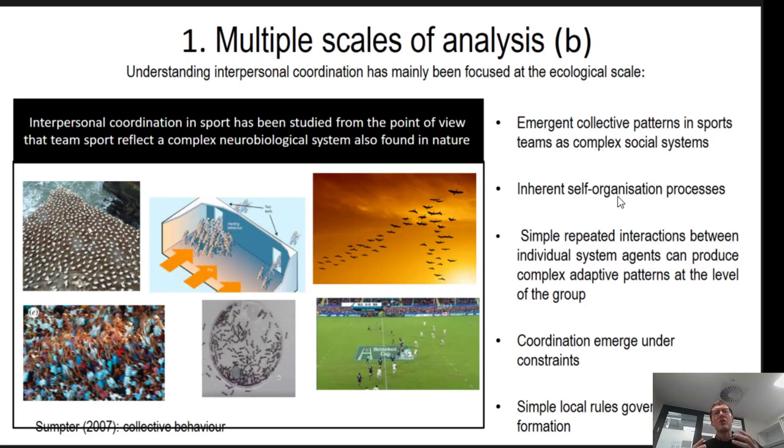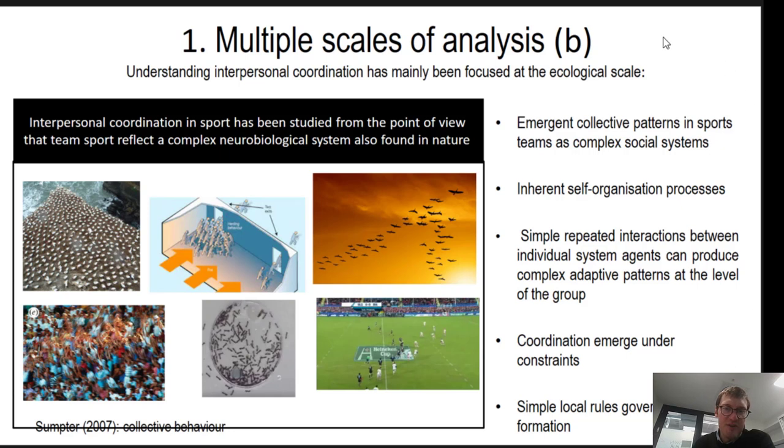So we have more complex behavior occurring that's not predicted by any single component, and relies on all of those components coming together and interacting. These interactions are relatively simple, repeated, and produced at a local scale, but when done en masse, they produce complex adaptive patterns at a global group level.